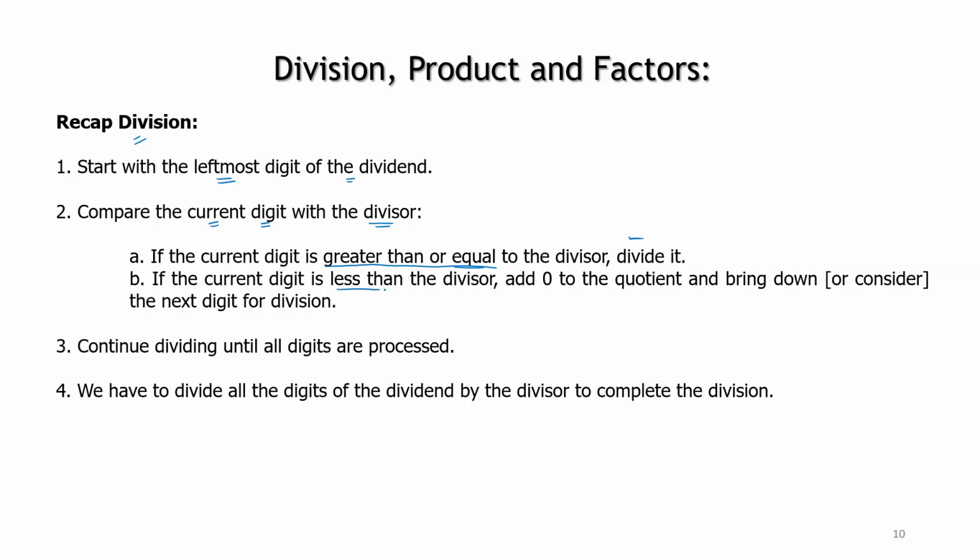If it is less than the divisor, then we need to add 0 to the quotient and consider the next digit for the division. We have to continue this process until all the digits of the dividend are processed. So the final word is we have to divide all the digits of the dividend by the divisor to complete the division.